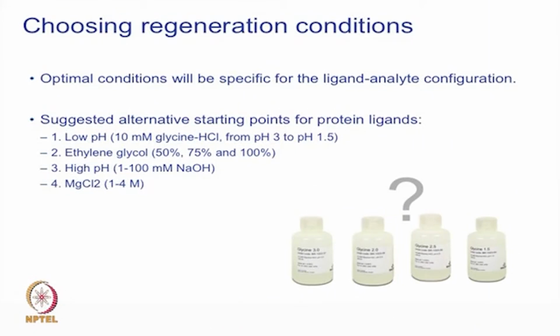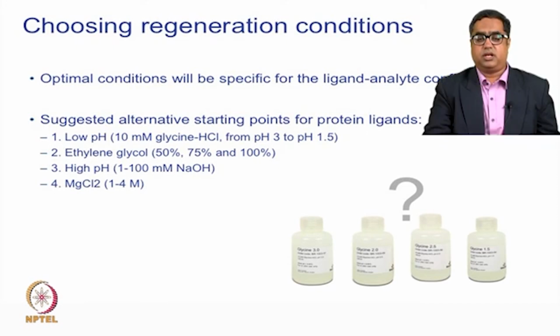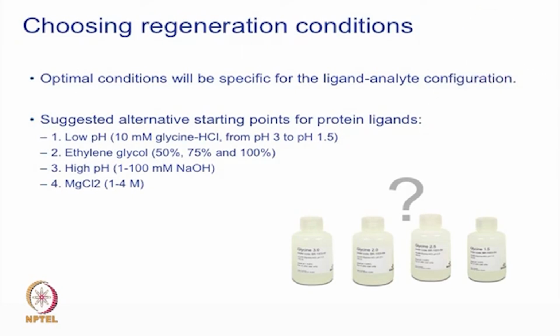Some commonly used regeneration conditions are low pH, ethylene glycol, high pH, and magnesium chloride. Once we identify the proper regeneration solution, it is very important to check whether we get our reference surface and active surface back after injecting it.